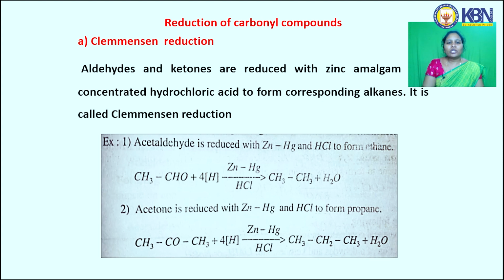Here reduction means addition of hydrogens. By the addition of hydrogens, acetaldehyde is converted into ethane and acetone is converted into propane. In the same way, the remaining aldehydes or ketones can also be converted into corresponding alkanes.